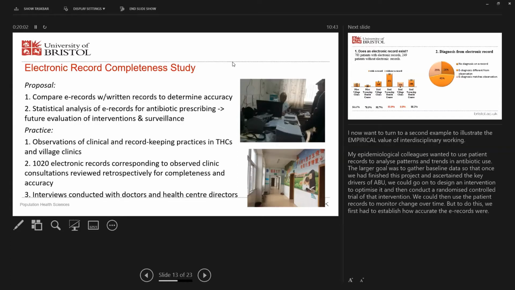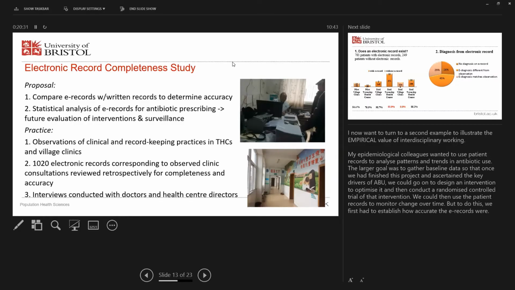And so we initially designed a study that would compare electronic records with the paper written records that are used in these primary care clinics to determine the accuracy of the e-records and then do statistical analysis. Going into the field, however, we found, not particularly surprising for those of us who are social scientists, that the written records weren't always there, the electronic records weren't always there.